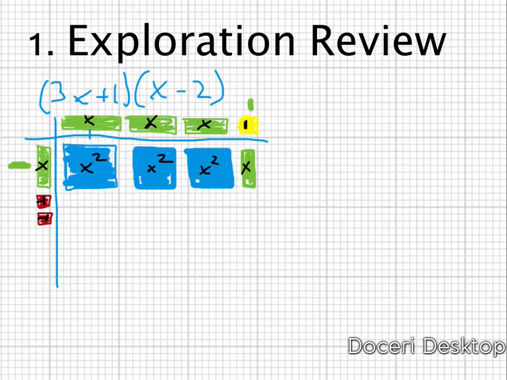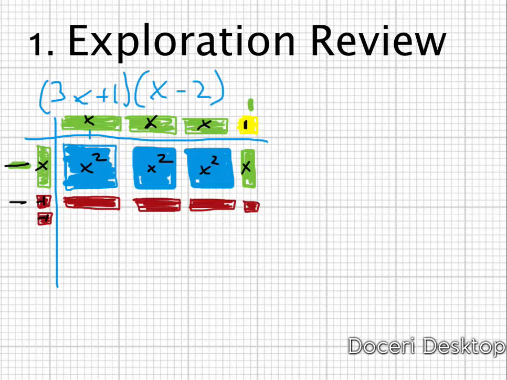Next, I've done everything with x here, so I don't have to worry about that. Now I go on to the minus 1. Well, this minus 1 times x gives me a negative x here. And if I just keep going along, I get another negative x, another negative x, and then negative 1 times 1 gives me a negative 1.